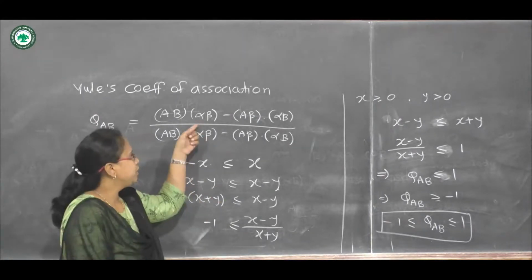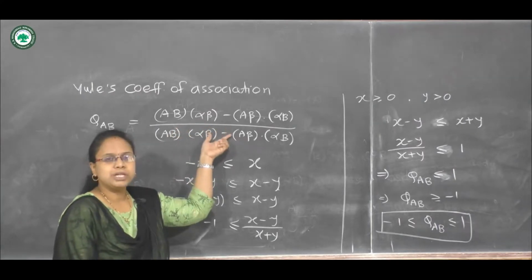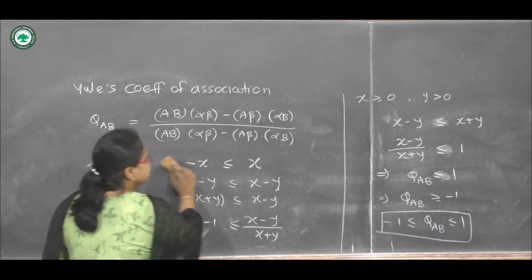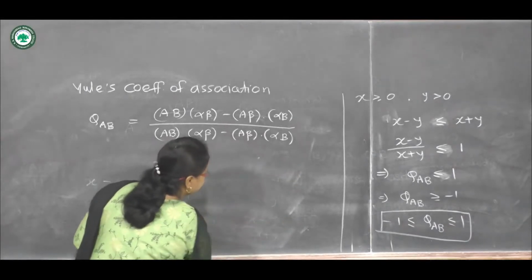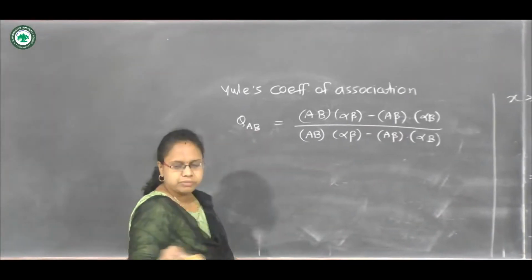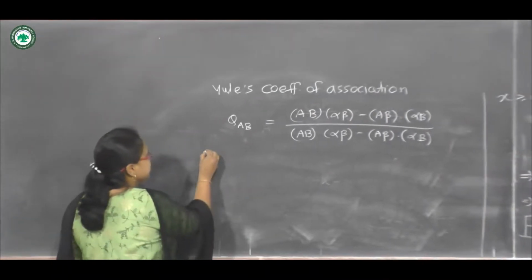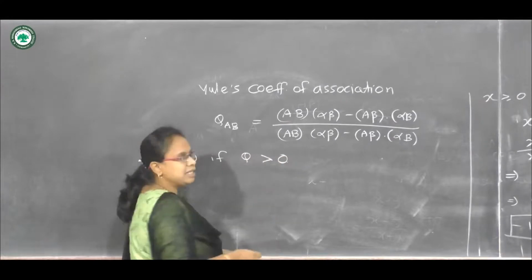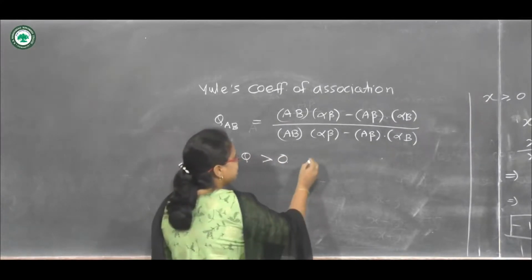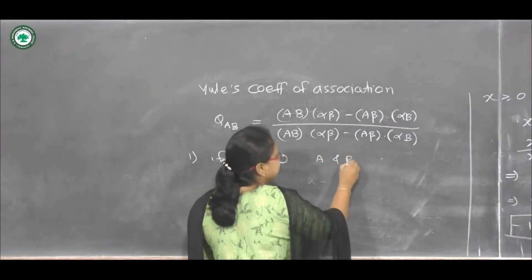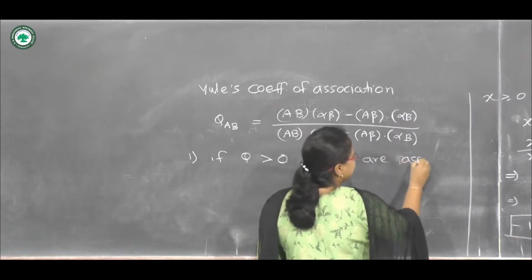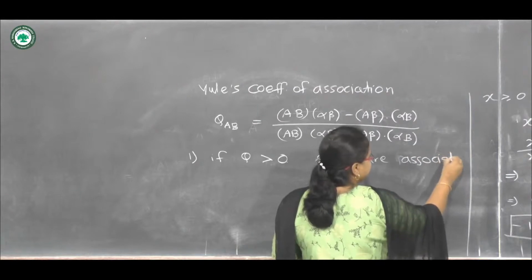We can measure the association by observing the value of Q. What happens if Q equals 0, or if Q equals 1? Let us write down these conditions. The first condition is, if Q is positive, meaning greater than 0, then we say that the attributes A and B are positively associated, or just associated.